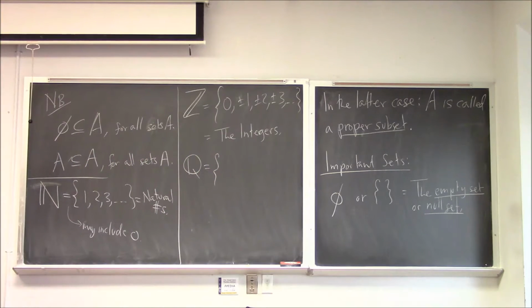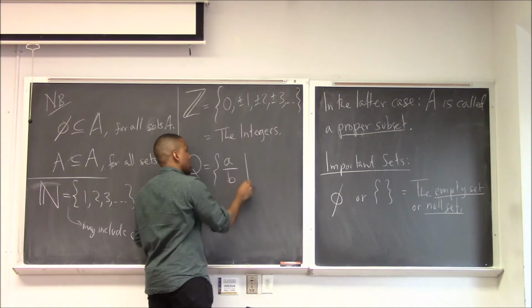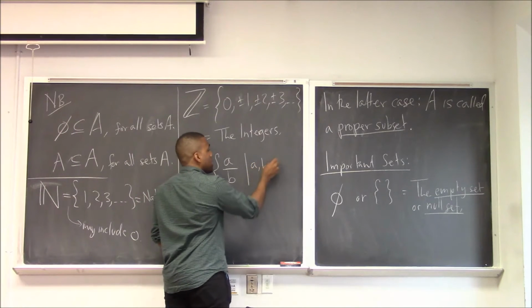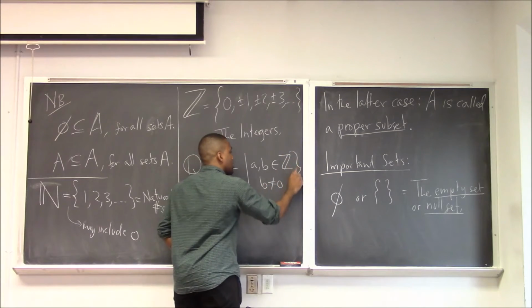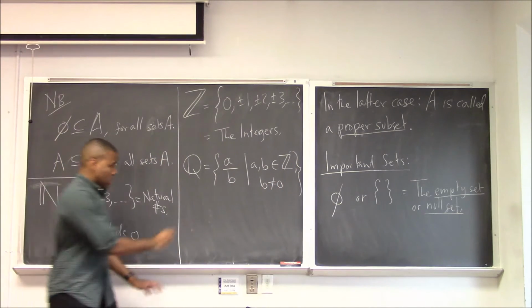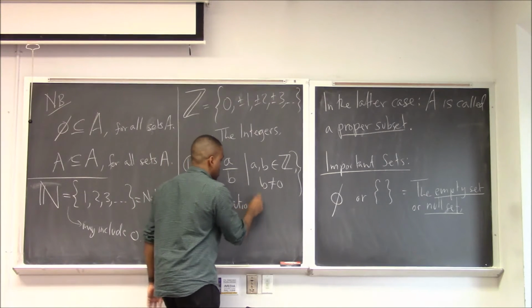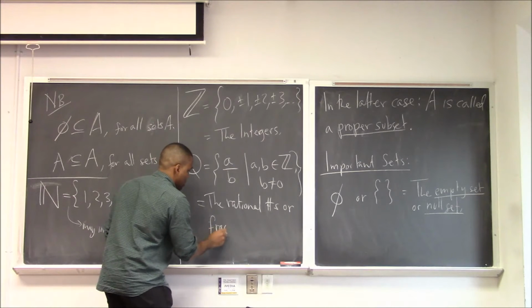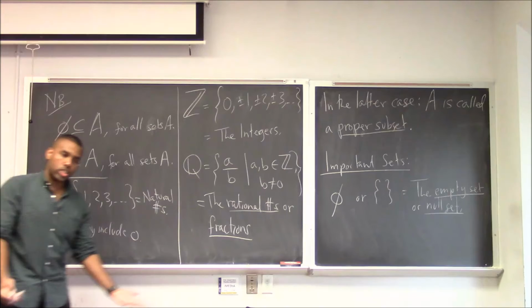It's hard to write down a list that would describe this accurately, so you describe it by a condition. It's the set of all things that look like A over B, where A and B are integers, and B is not 0. These are called the rational numbers, or, as you might have affectionately known them, the fractions.